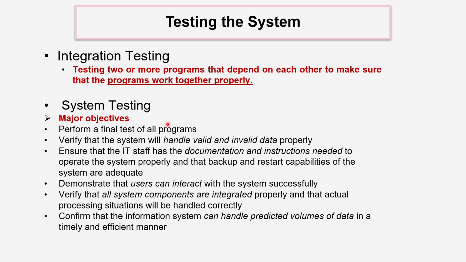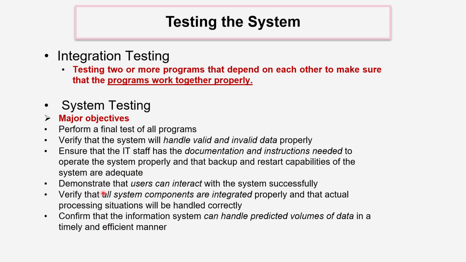System testing will involve the entire information system after integration testing. So you need to perform a final test of all programs, and then you need to verify the system, and ensure that the IT staff has the documentation and instructions needed to operate the system properly.